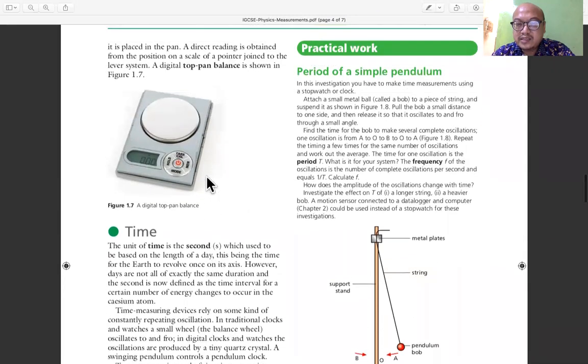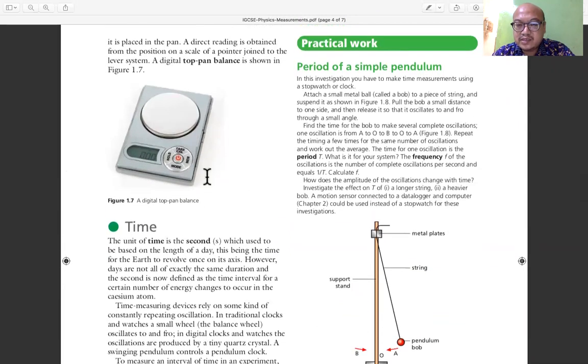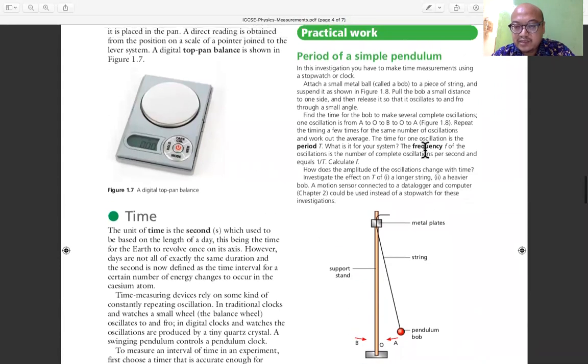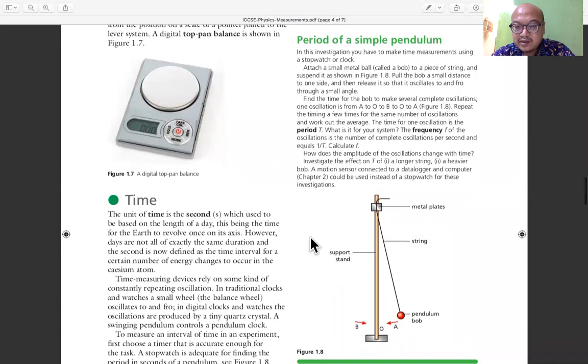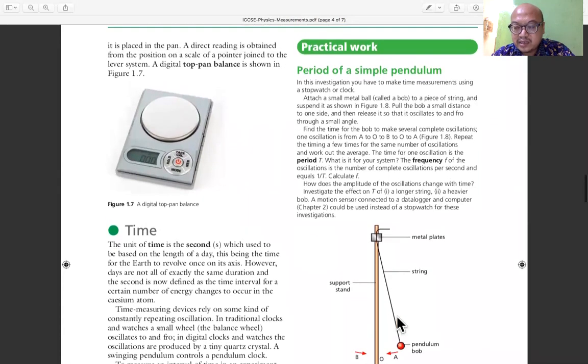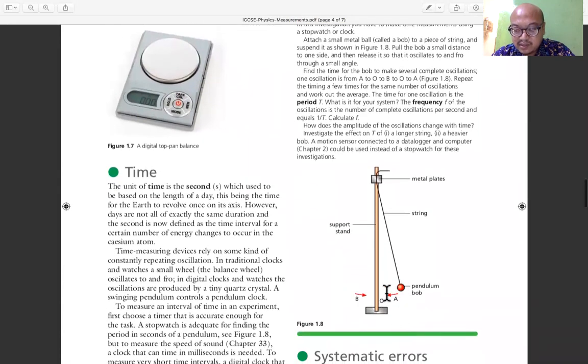Now this is about practical work I mentioned before: how to find frequency and period. The period is one full cycle, one swing until it returns to the initial position. Swing to the left, back to the right again, and come back to the initial position.